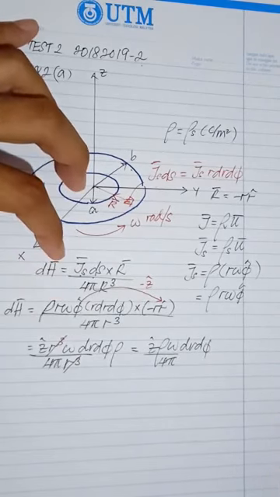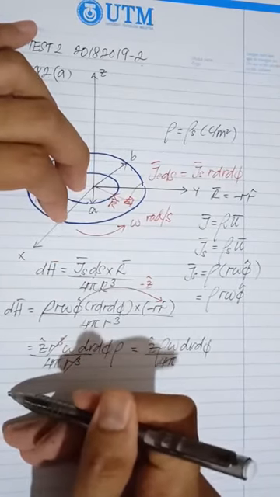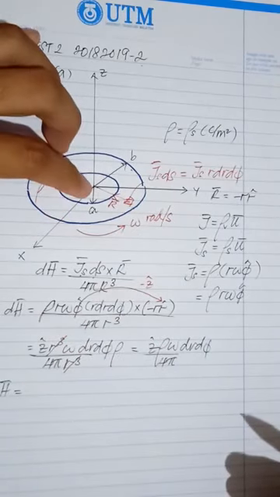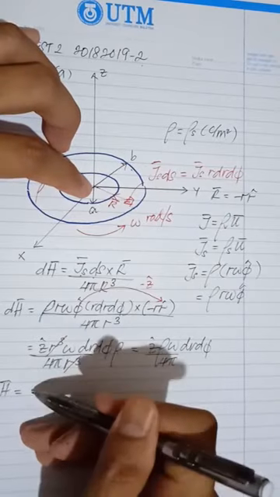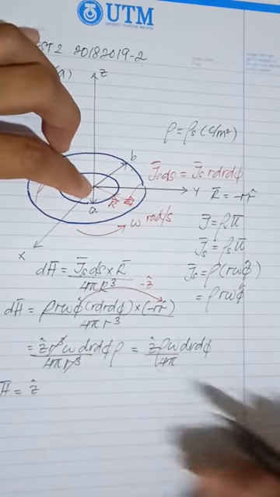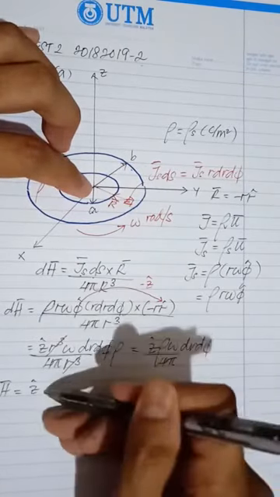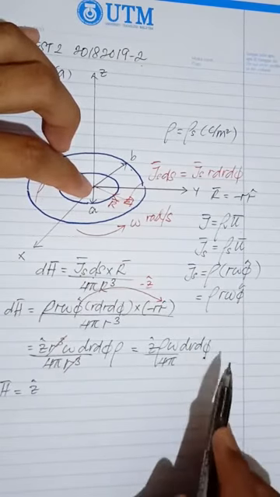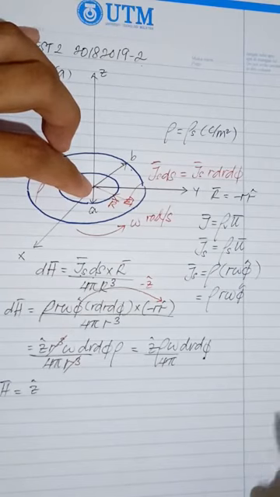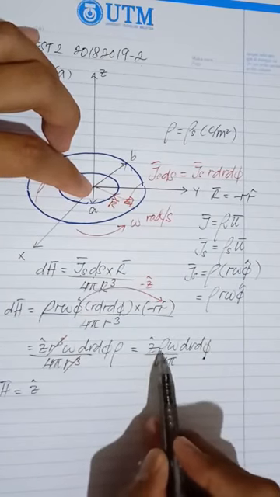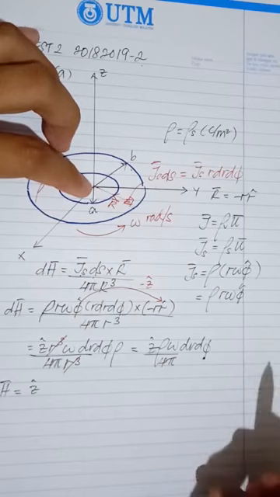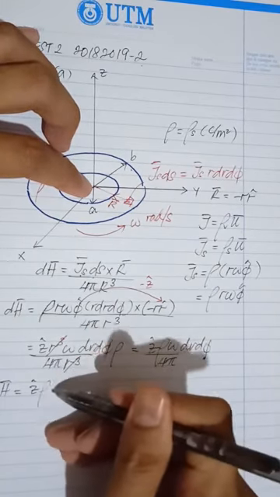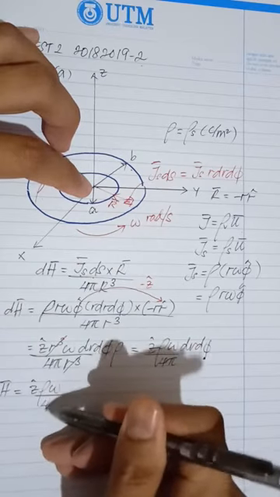Now let's do the integrations. The H that appears at the center of the disc can be obtained by simply integrating the whole equation over r and phi, because r and phi are the two main parameters involved in this case. So z, rho, omega, and 4 pi are all constants, so take them out of the integration: rho omega over 4 pi.